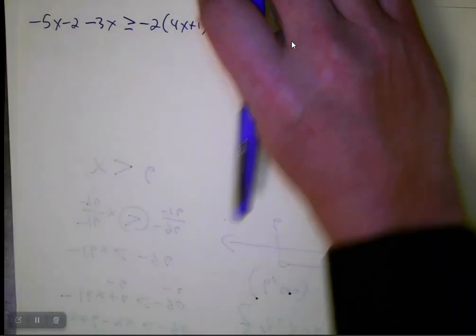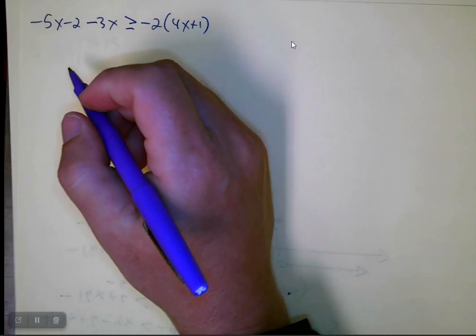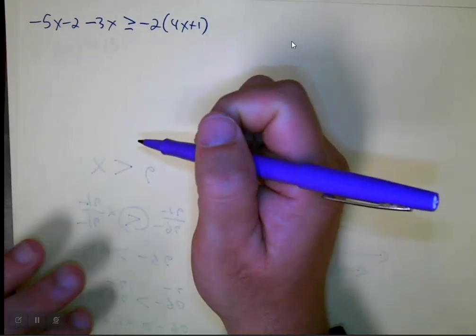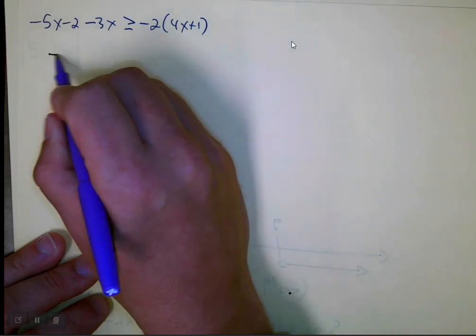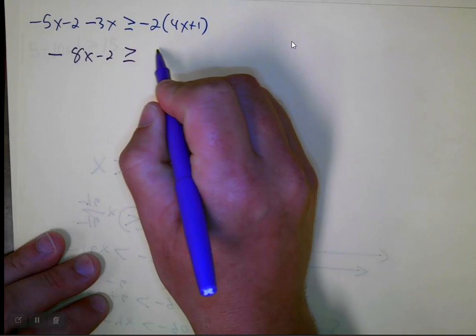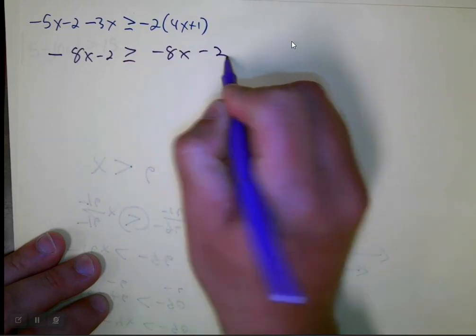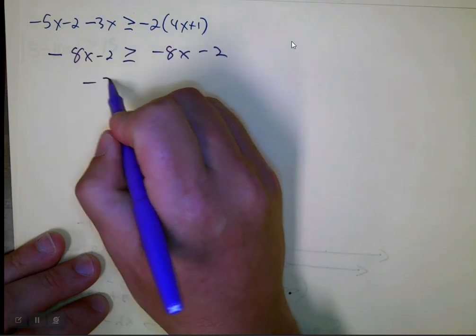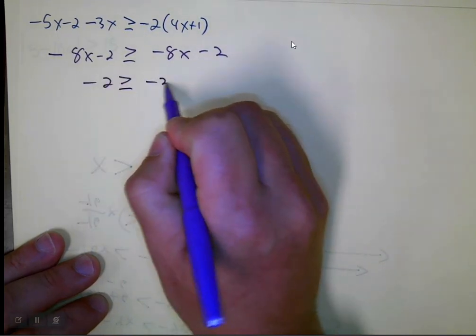Try another one. This one, let's see. You got variables on both sides. So I'm just going to combine my like terms here. So I get negative 8x minus 2 is greater than or equal to negative 8x minus 2. Right? And then I add 8x to both sides. I get negative 2 is greater than or equal to negative 2. Wait a minute.